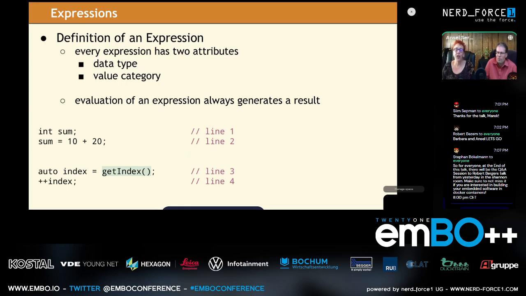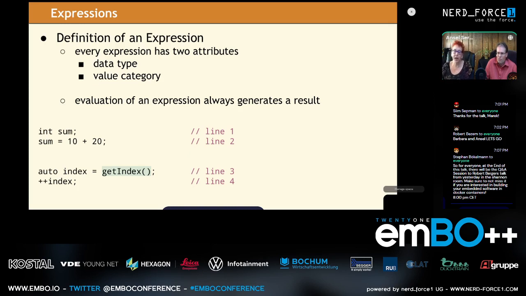So let's start to look at the line of sum equals at line 2, where sum equals 10 plus 20. 10 has a data type. It is an int. It has a value category, and that's an R value. 20, exactly the same, a data type of an int, a value category. The sum of 10 and 20 is 30. That also has a data type and a value category. So 10, 20, and 30 are all expressions.